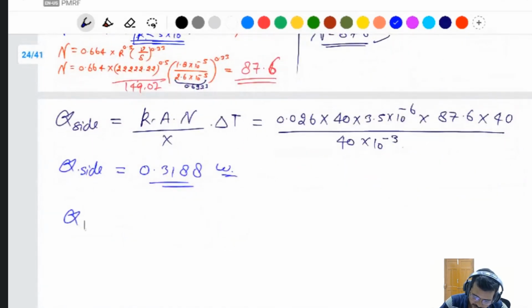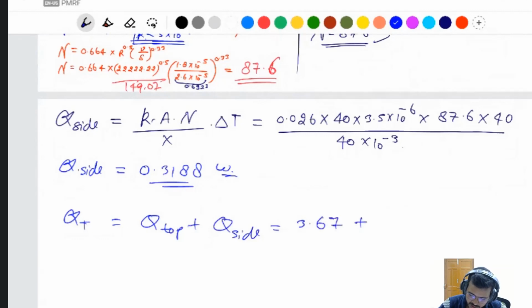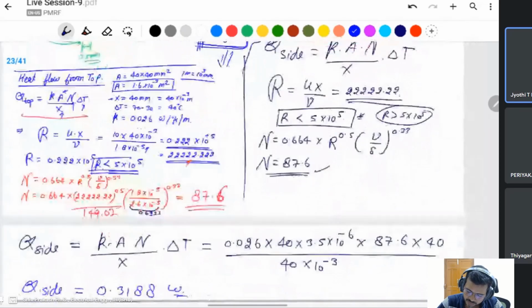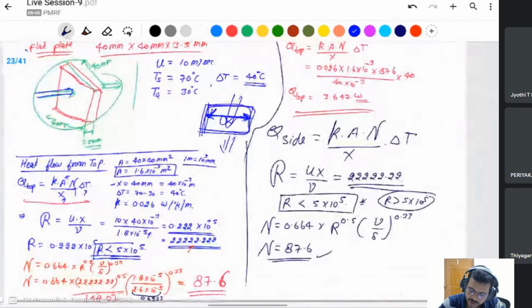And what is the total power? Total power is Q top plus Q side. Top is 0.67 plus side is 0.3188. Then total power is 3.96, 3.98. Sorry, this one is 647.